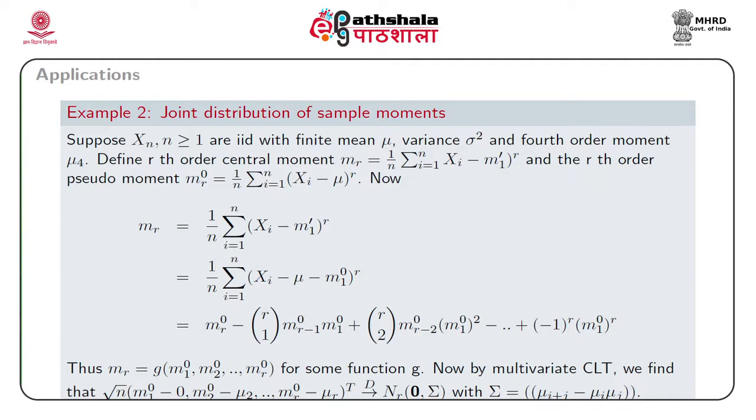Thus, it is easy to take the g function. Obviously, in this case, if we are interested in finding the distribution of Mr, then g is just a real valued function, but with multiple arguments.